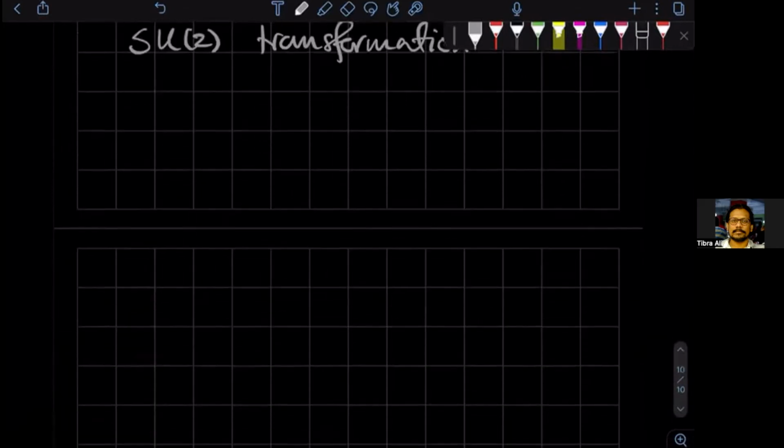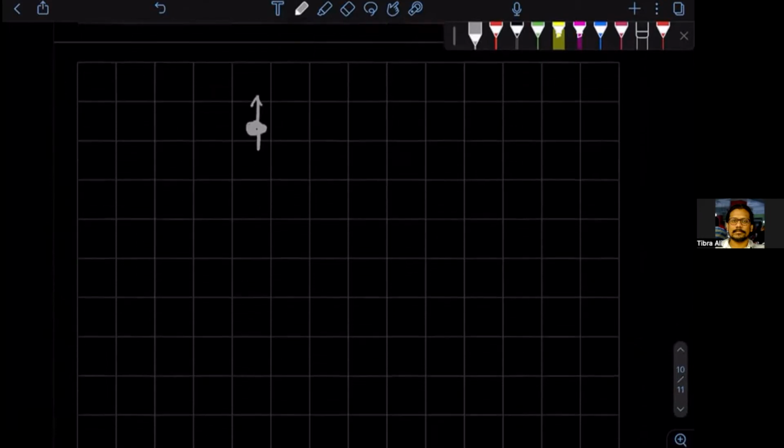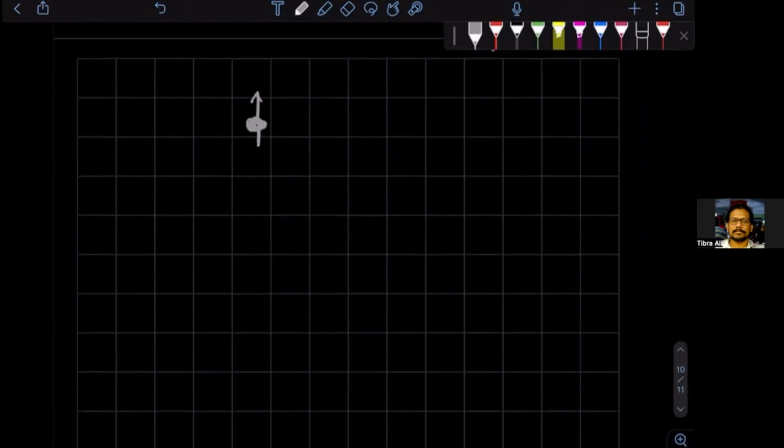What I'm trying to say is that suppose we have a spin half particle in our lab. So there's the spin. Now, suppose that this is your reference frame, and this is the position of the particle.